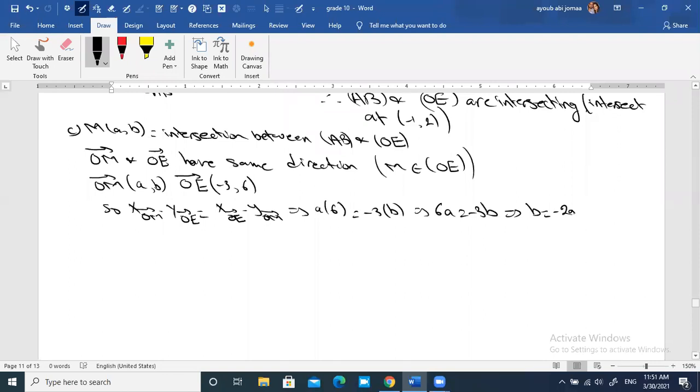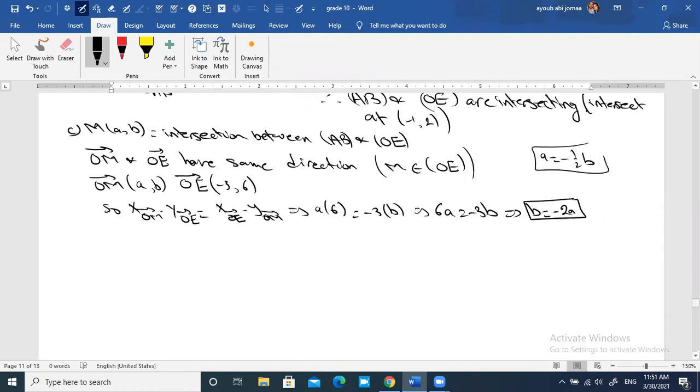Or you can say 2A plus B equal to 0, if you move everything to one side. Choose whichever you want. They are all correct because the question says write a relation. Nobody forces me on how to write its form. So the relation B is equal to negative 2A and the relation A is equal to negative half B.